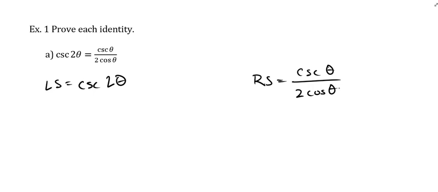Yeah, why double angle? Because there's a double angle on the left side. If there's a double angle, that will never be equal to something that's not a double angle. Cosine of 2 theta will never be equal to cosine of theta. The relationship is the formulas that we saw yesterday.